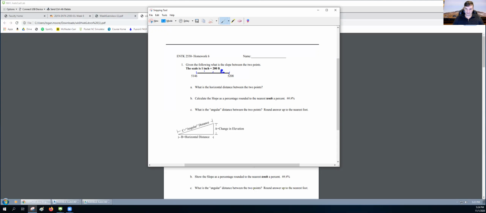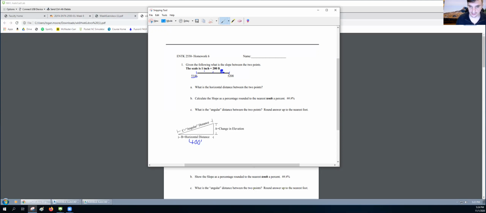Yeah, 2 inches, 1 inch equals 200 feet. Okay, so that would be this horizontal distance because you're looking on the page, top down. So this would be 400 feet, all right? That would be your horizontal distance.